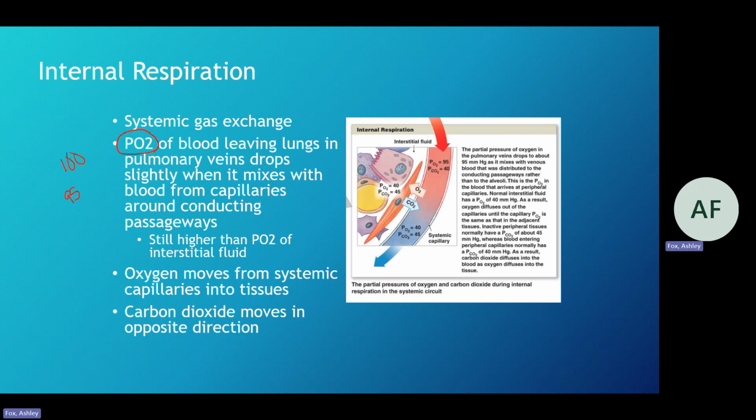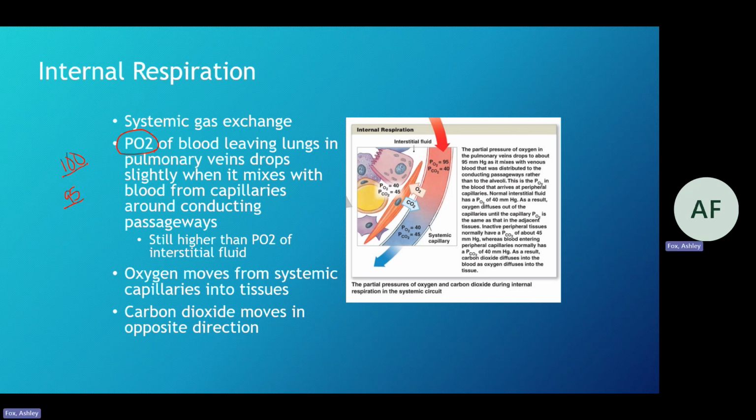Sometimes when we mix with the blood of the capillaries, it's going to drop a little bit in the pulmonary veins because you're going around the conducting passageways and there's less exchange. That's why you're just going to see the difference between 100 and 95.